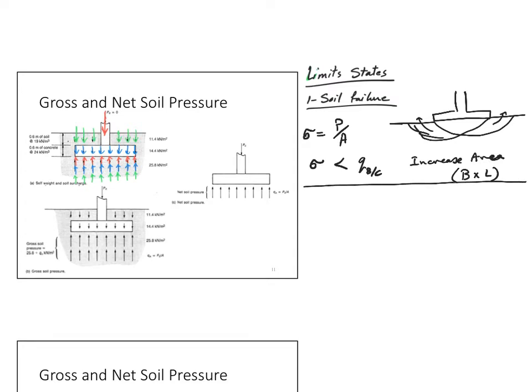Let's go to the second limit state. Think about this footing as a double cantilever. If I have a double cantilever, I would think like this one, my footing, I'll make it a little bit exaggerated. Think about it doing this, right? Because you have a stress down here that pushes up. Agree?